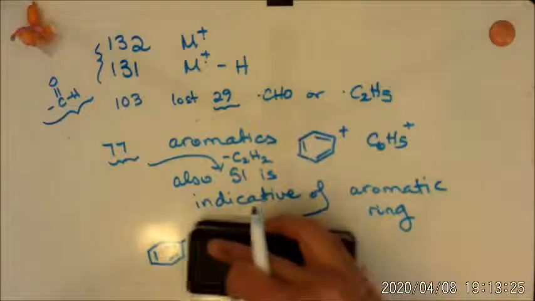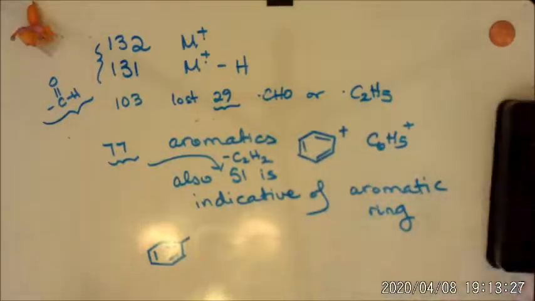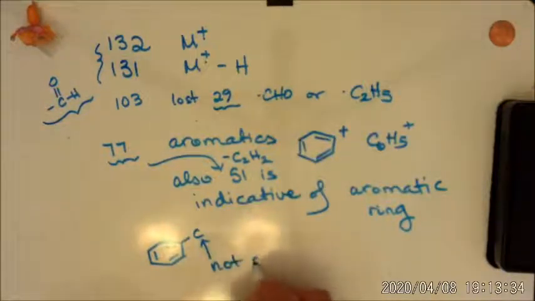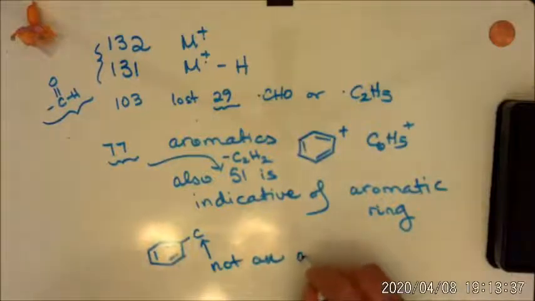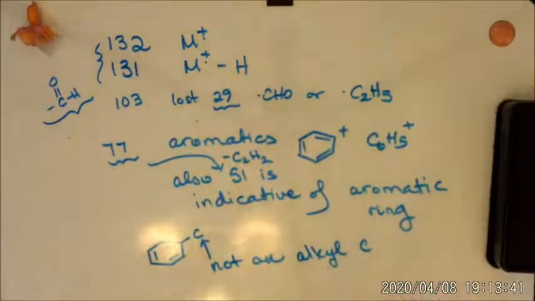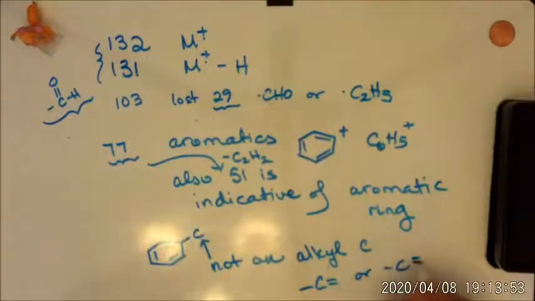Therefore, whatever is attached here is not an alkyl carbon. Okay, so now we're thinking maybe it's going to be a vinyl carbon or alkynyl carbon. Okay, because we don't form the tropylium ion.